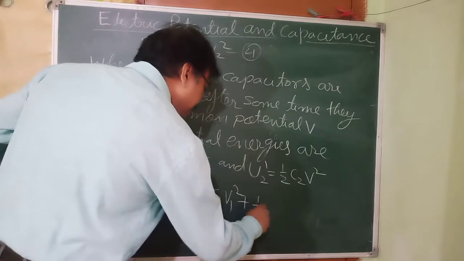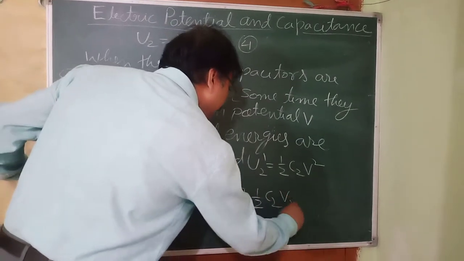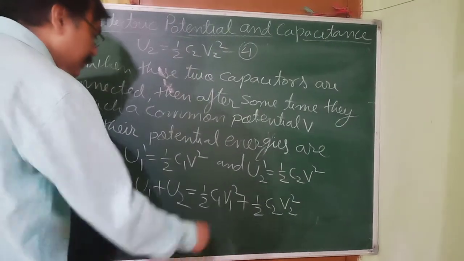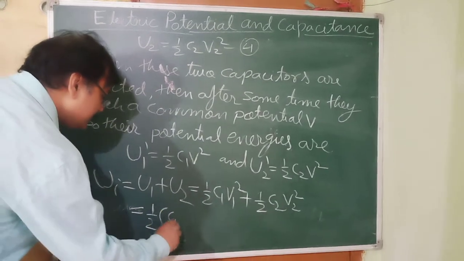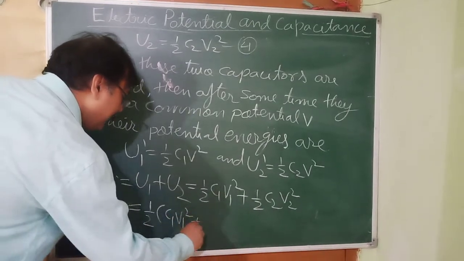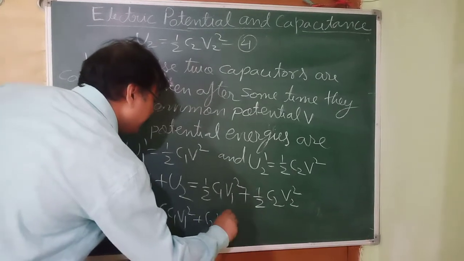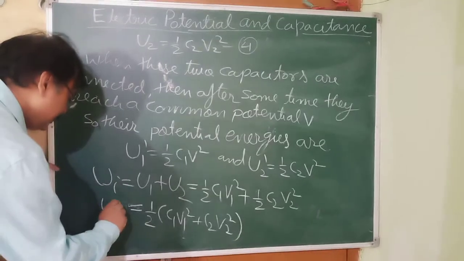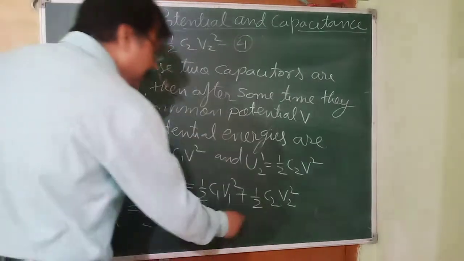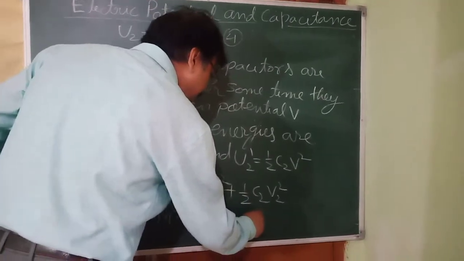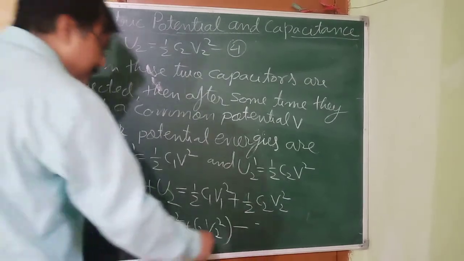It is half C2 V2 square. So can we take half common? Obviously we can. We get half of C1 V1 square plus C2 V2 square, and that is the initial potential energy of this system. We can mark it equation number 5.